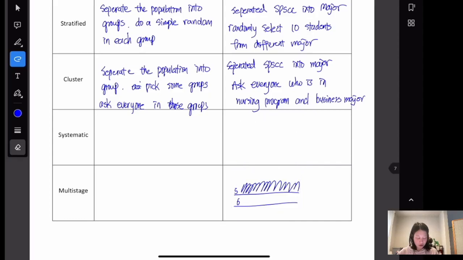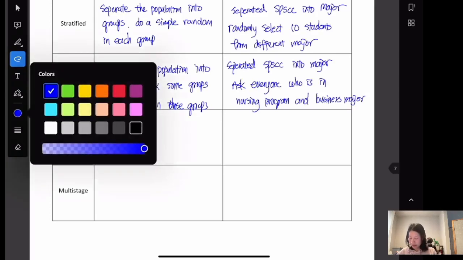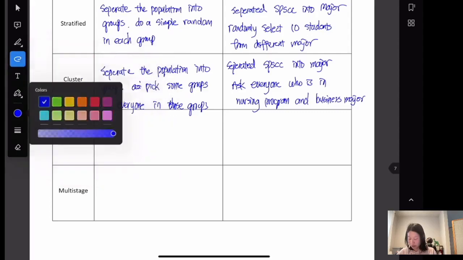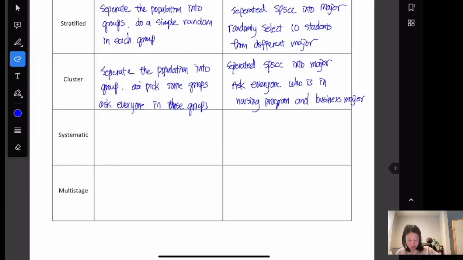Okay, the next one is going to be systematic. Systematic is where you pick a random start and then pick every nth one after that.